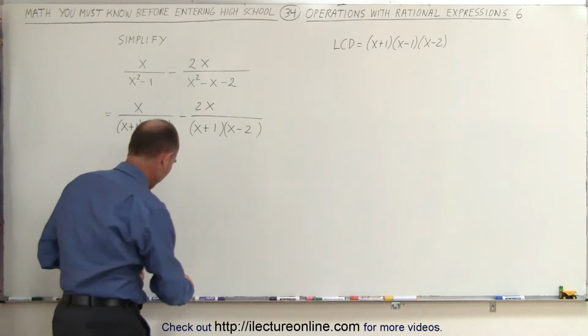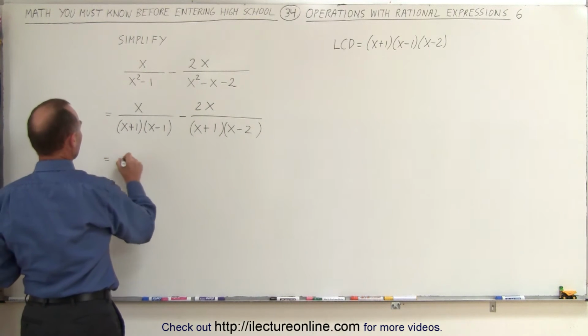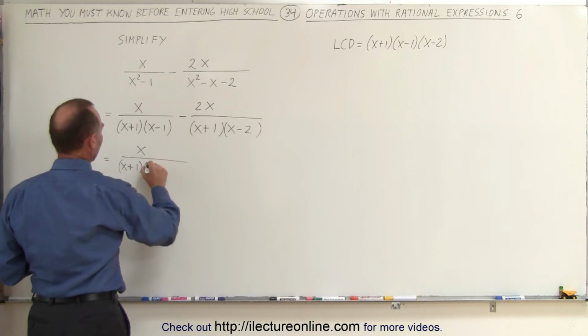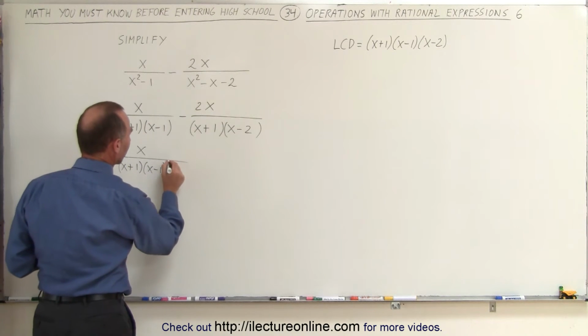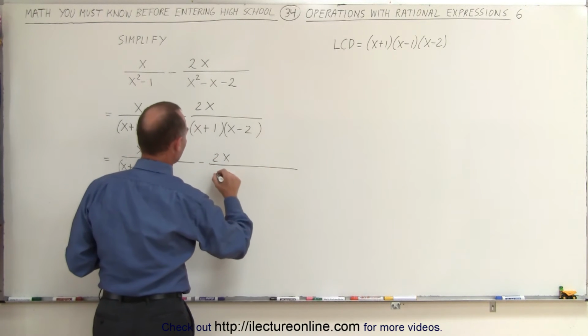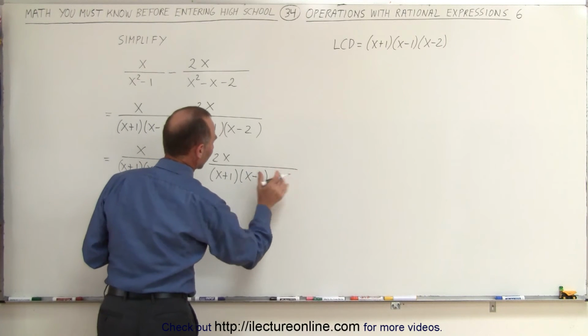Let me illustrate what we mean by that. Let me rewrite it so I have a little bit more room. So x divided by x plus 1, x minus 1, I'll leave a little bit of room right here, minus 2x divided by x plus 1, x minus 2, and leave some room there.